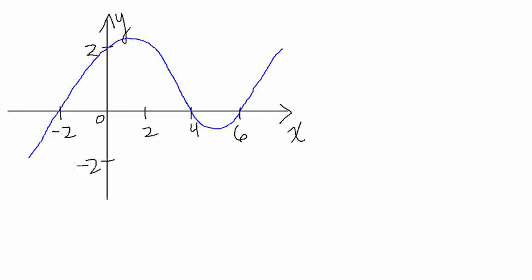Well, the zeros are the x values that make the function equal to 0. In other words, they correspond to points where the y value is 0. So the zeros include the x values minus 2, 4, and 6.